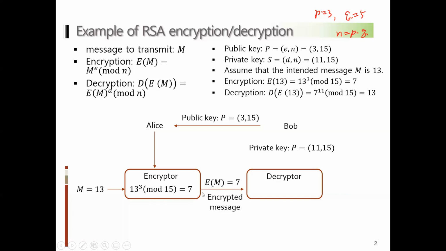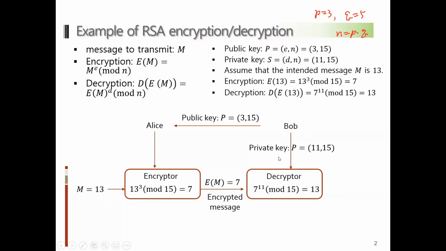Even if an eavesdropper tried to catch this message, the eavesdropper cannot understand what the original value was, because as you can see here, 7 seems to have nothing to do with 13. However, once Bob receives this encrypted message, he uses his private key.